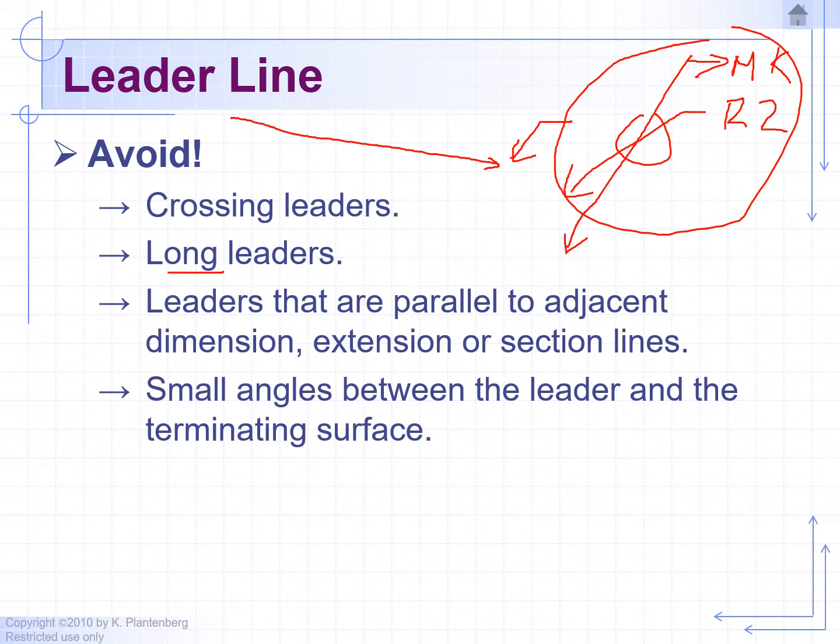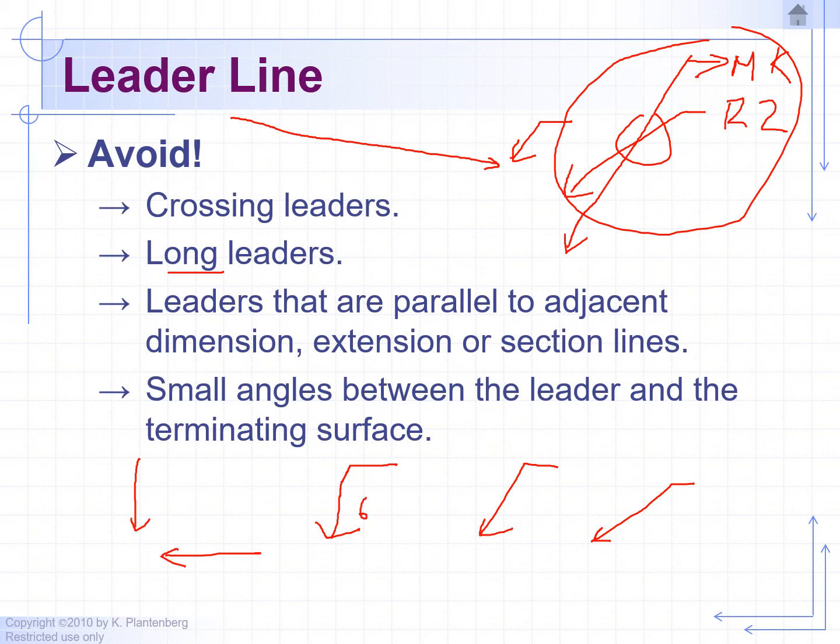Avoid using small angles between the leader and the terminating surface. So again, try and use angles of 45, 30, or 60 degrees, but avoid using vertical or horizontal leaders, or leaders close to horizontal or close to vertical.